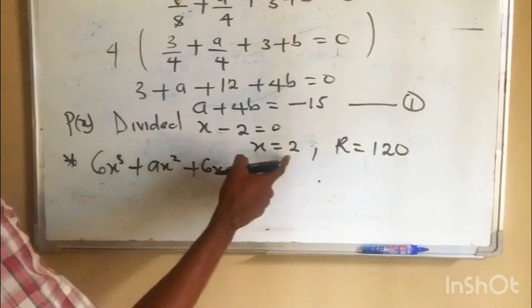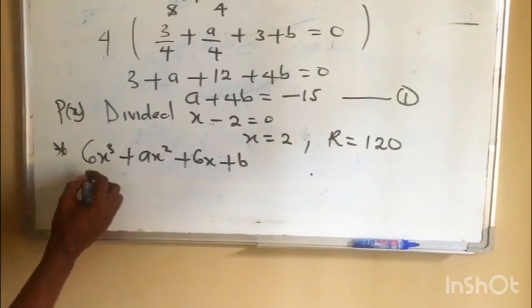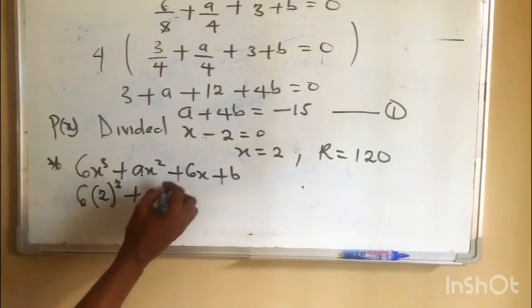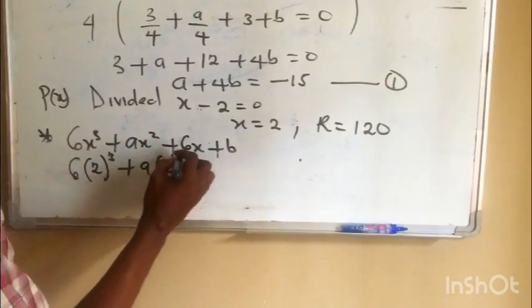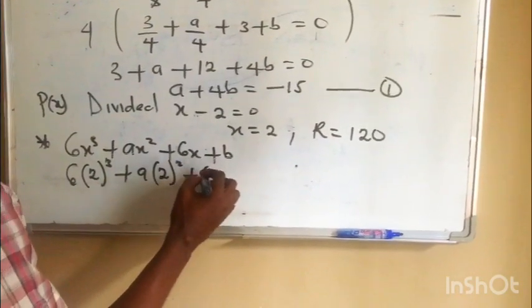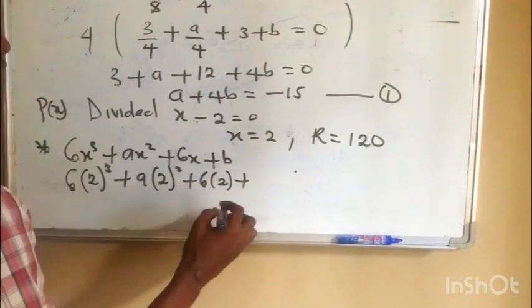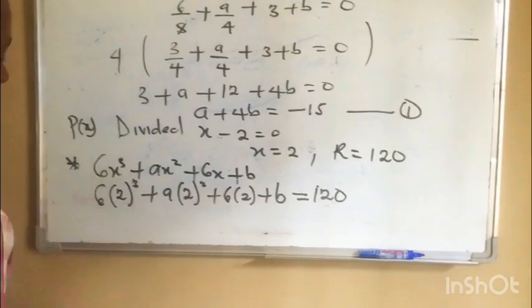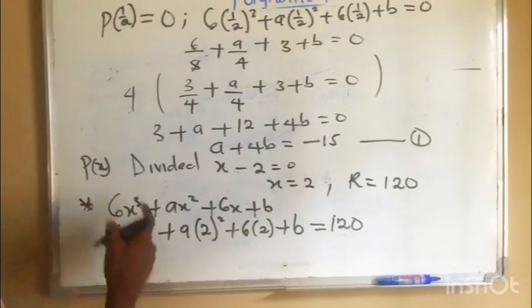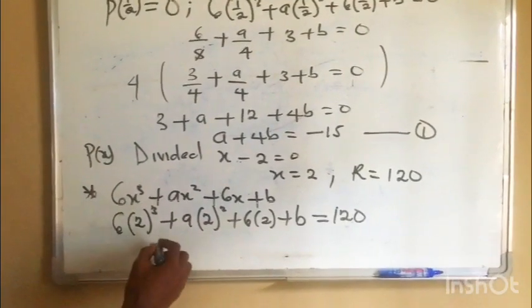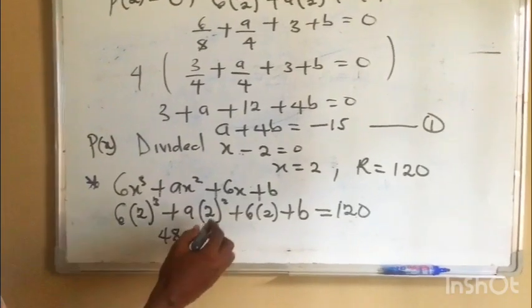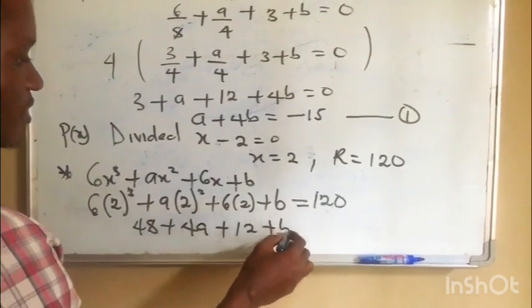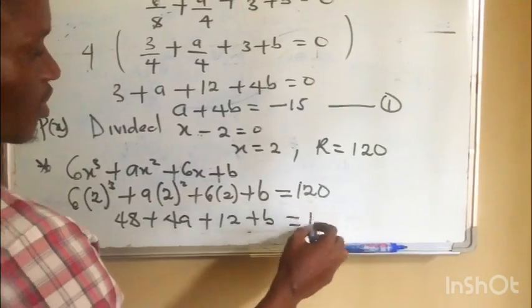So let's substitute 2 into this polynomial. That means we have 6 into bracket 2 raised to power 3, plus a into bracket 2 squared, plus 6 into bracket 2, plus b will be equal to 120. If we substitute this, 2 raised to power 3 is 8, times 6 is 48, plus 4a plus 12 plus b equals 120.